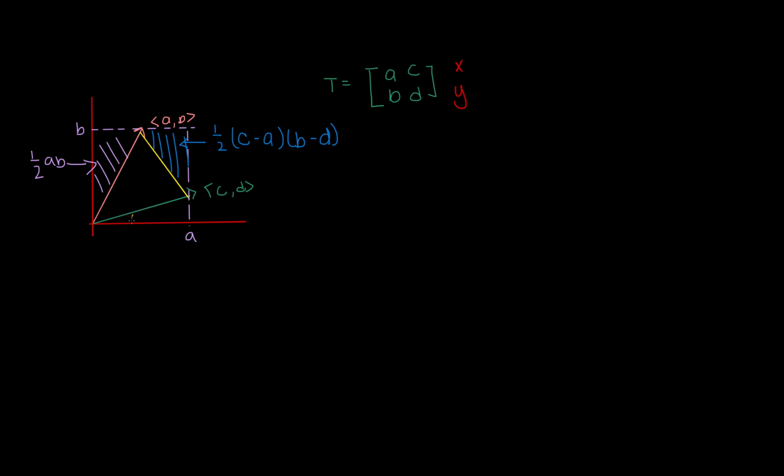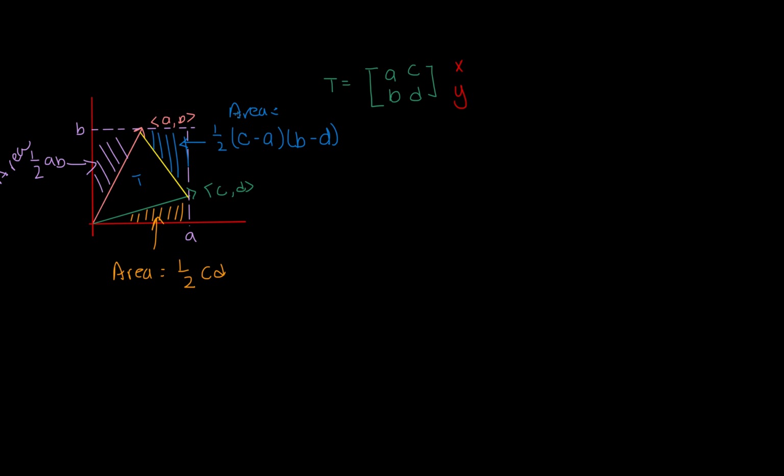And then this one, the area is going to equal 1/2 CD. So breaking these apart, there we go. Now what we want to do is compute the area of T, this guy in here.